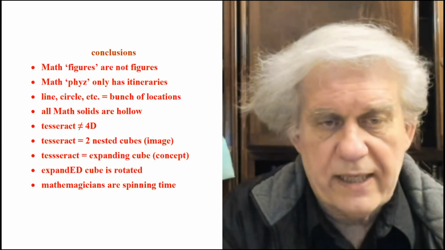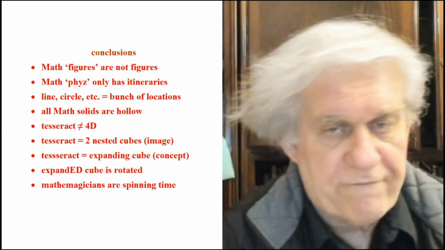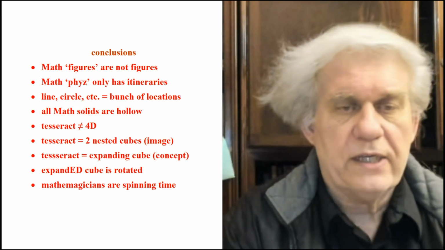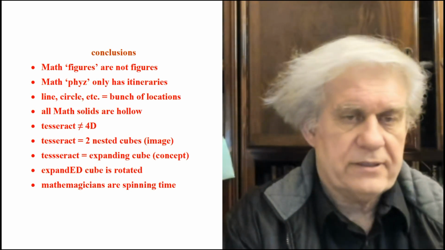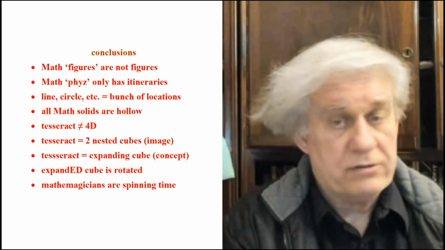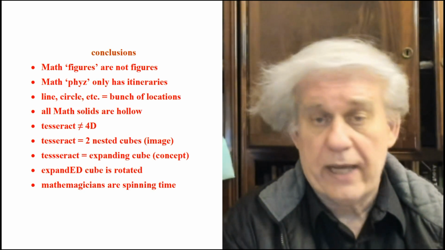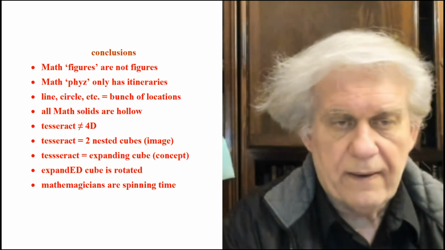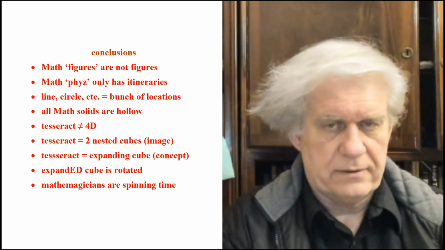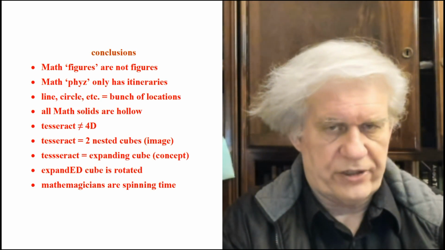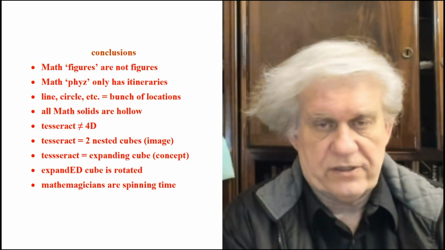Okay, and so here are my conclusions. Math figures are not figures. Math phys only has itineraries: line, circle, semicircle, whatever. A bunch of locations. Triangles, squares, same. And also, for that matter, spheres. All math solids are hollow. There's not a single mathematical figure that is a physical object.